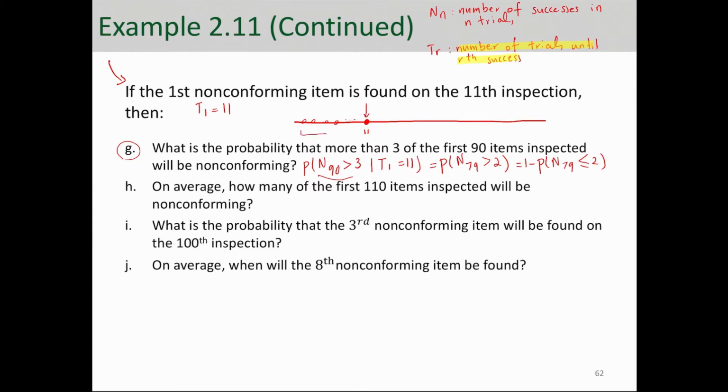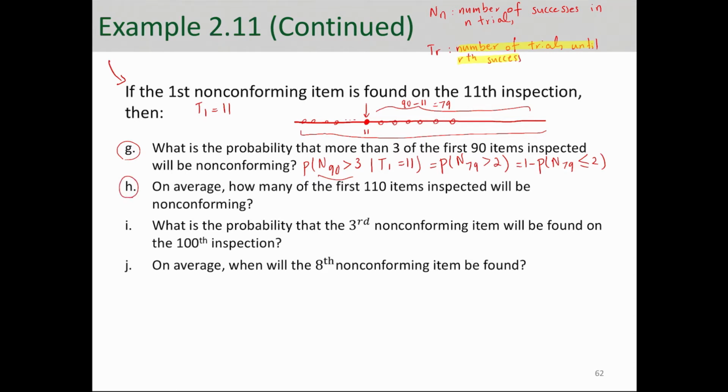The total of 90 starts from here. So you keep inspecting, and you really are left with 90 minus 11, 79 inspections. And you want to know the probability of seeing more than 2 non-conforming in these 79, because you've already seen 1, so 3 becomes 2. So that's how you approach this.